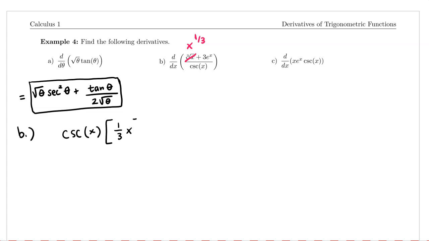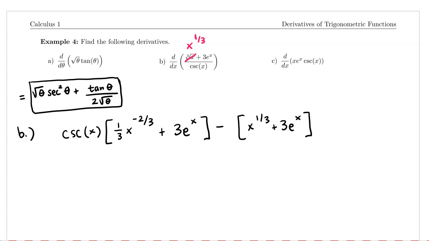1/3 minus 1 is negative 2/3. And then plus the derivative of the natural exponential function, which is just itself, so I have plus 3 times e to the power of x. So we did bottom times the derivative of the top minus the top function times the derivative of the bottom function.